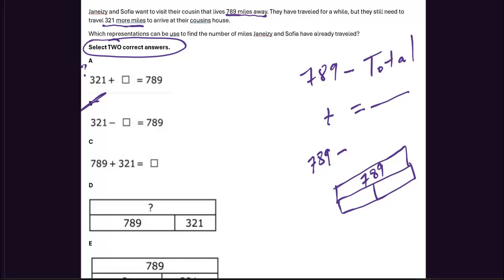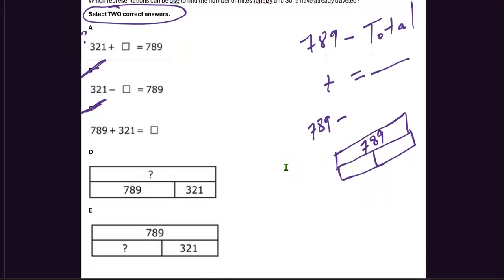C, 789 plus 321 equals blank. Well, we know in an addition problem, the total goes at the end after the equals. That is not it, so C is out. Let's look at D. D is a strip diagram. If you look at the whole, it's a question mark, and the two parts are 789 and 321.